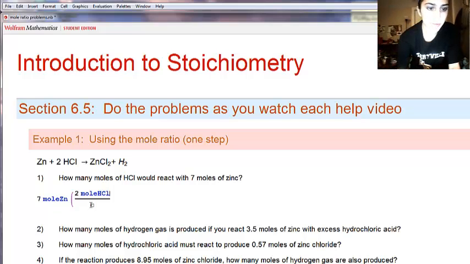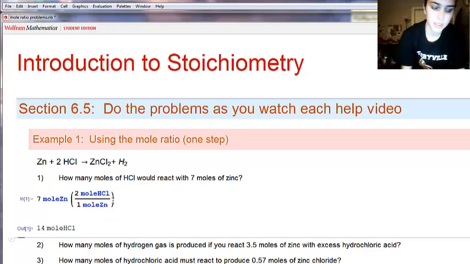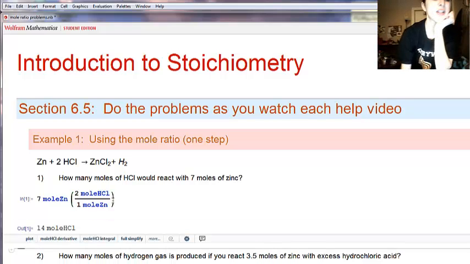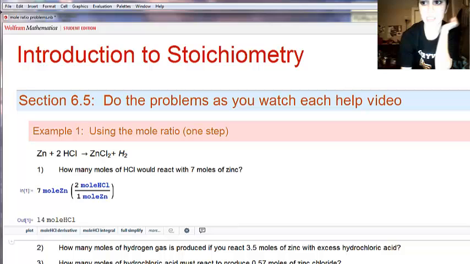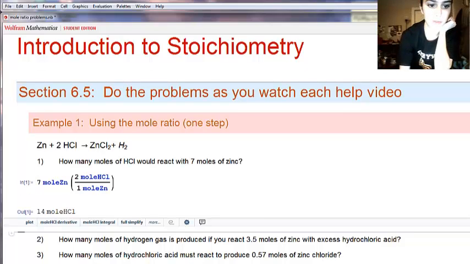And there are 2 moles HCl for every 1 mole of zinc. So again, we want to end with moles of HCl. We want to cancel out moles of zinc. And we press Shift Enter, and it gives us our answer, 14 moles of hydrochloric acid. Pretty simple, just like we thought, but again, we need the basic formula.